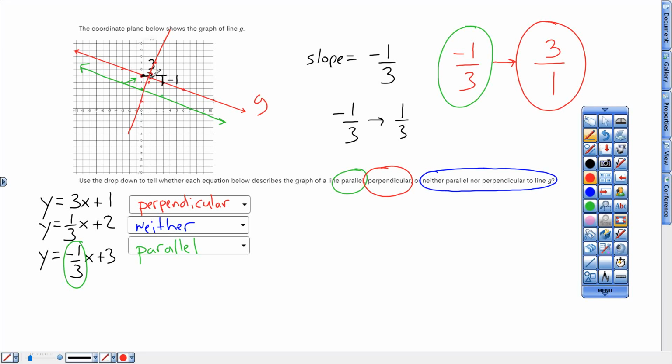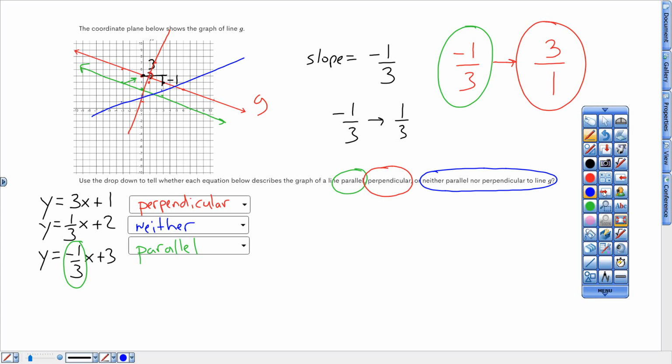And of course, if I just start at 2 and go over 1 up 3, over 1 up 3, that's really not doing anything for me. That's just crisscrossing that line. So no, that blue one, neither, just crisscrossing. The green one, parallel, same slope, different y-intercept. And then that red one is perpendicular. Second word, if I didn't say it already, is red.